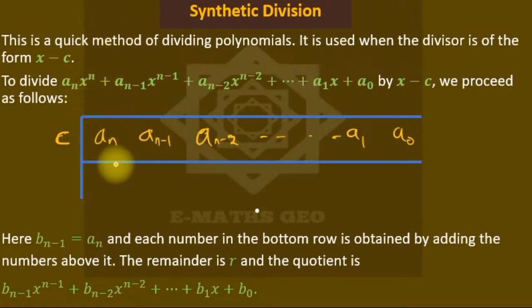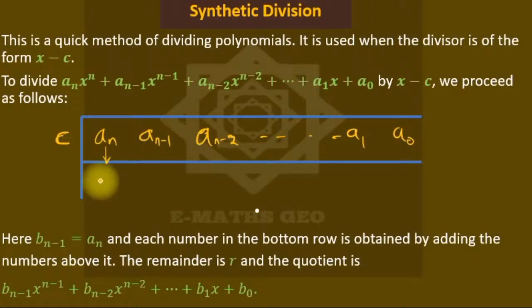So as you can see, we've written the coefficients, and I told you the sign here is negative, that's why we wrote positive c. The first step after writing this is to bring down this coefficient, which is a subscript n. But because of our solution, I will write it as b subscript n minus 1, which is equal to a subscript n.